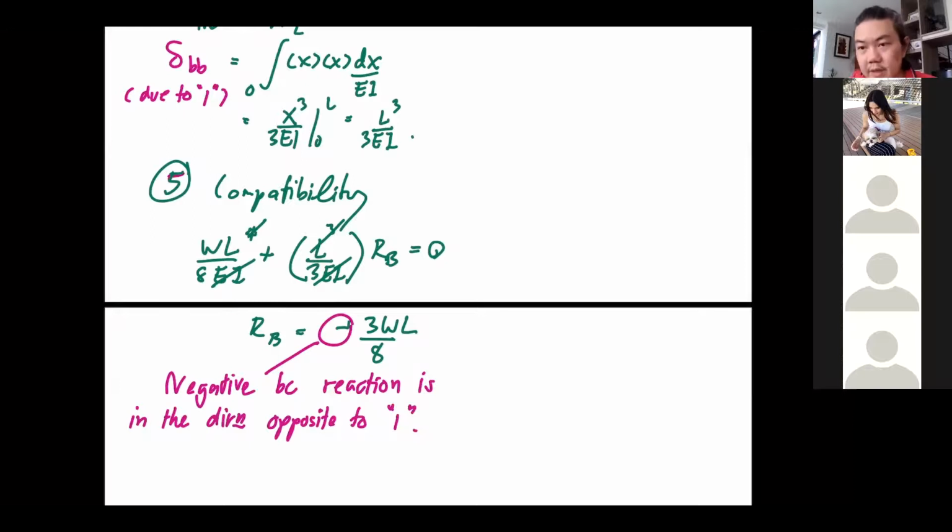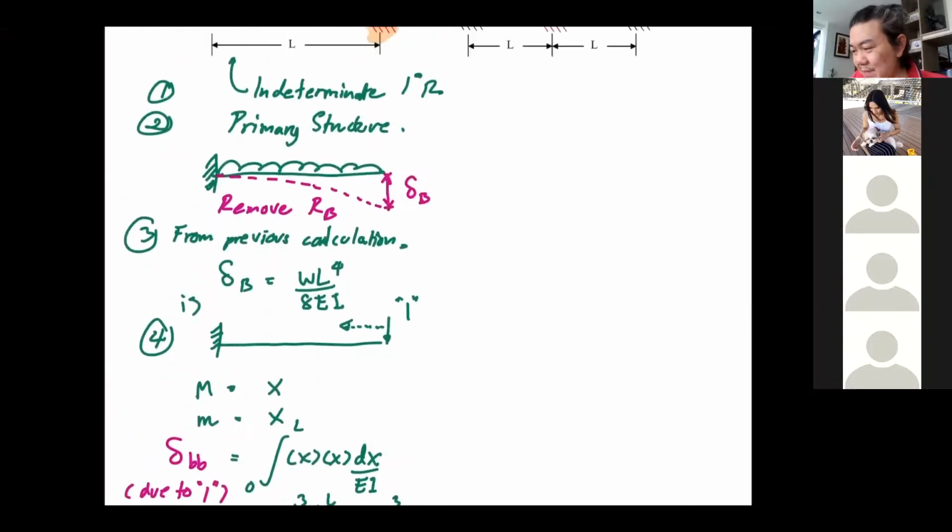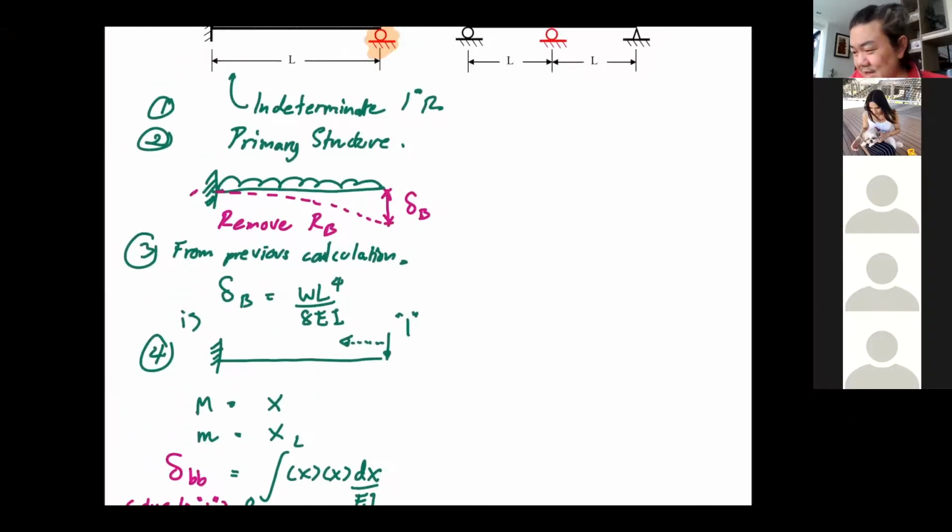And you can see it is not equal because this takes 3/8. So that means on this side, the reaction must be 5/8. So that's one way to write it.